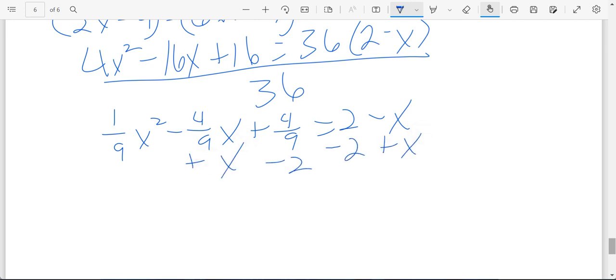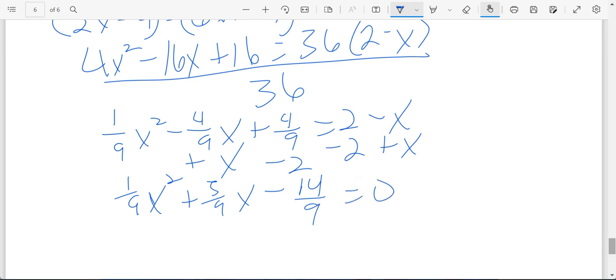Common fractions, people. We get x squared plus 5 over 9 x minus 14 over 9 equals 0. Let's make our lives easier because luckily it's all over 9, so we just multiply everything by 9 and we get nicer numbers.